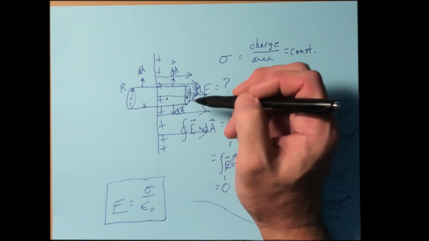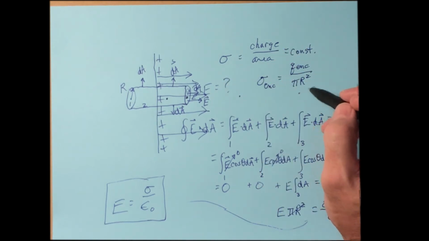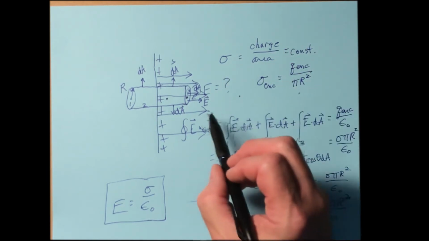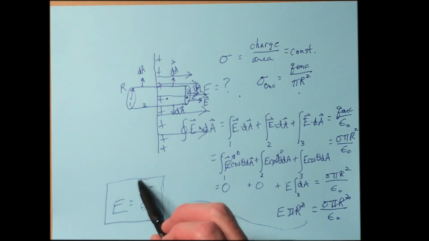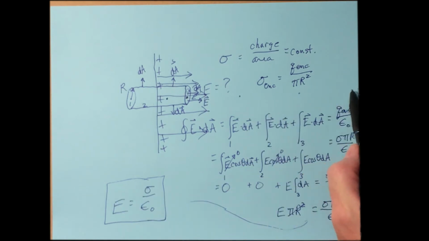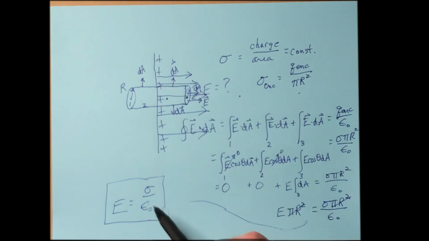If you're at that point, the electric field is the same value. And if you're out here, or wherever, at least mathematically speaking, even if you're out at a distance of 1 light year away from this large surface, the electric field should be constant.